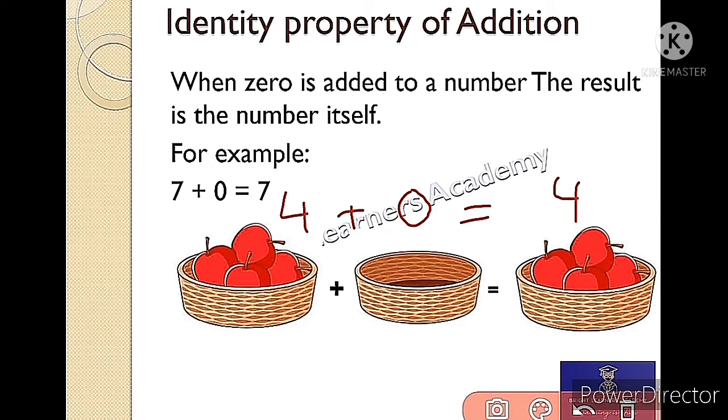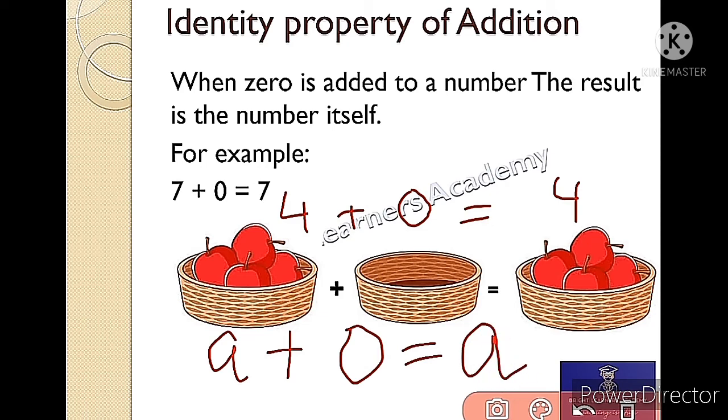So we can say it is A plus 0 equals to A, where A could be any number, like 1, 2, 3, 4. It could be any number. So 500 plus 0 is 500 because A can be any number.